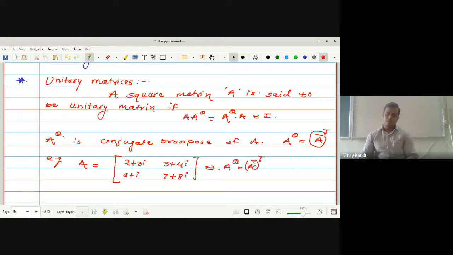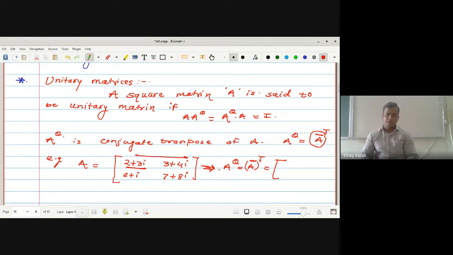Transpose of the complex conjugate of A. Which is equal to, this implies, if A is this matrix, what is the conjugate of this one?